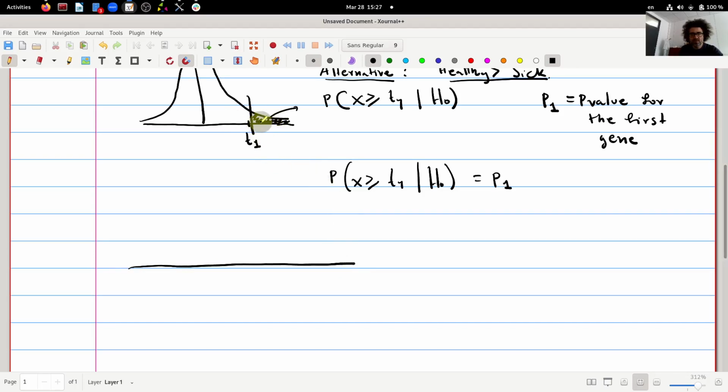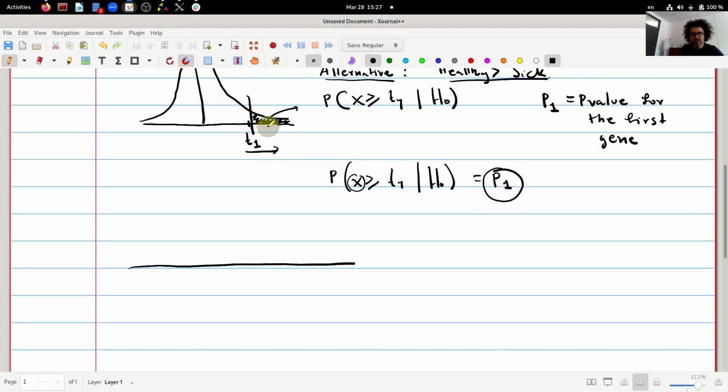Which means that if the null is correct, the probability to find a value x for the t-statistic that is greater than t1 is in fact p1.